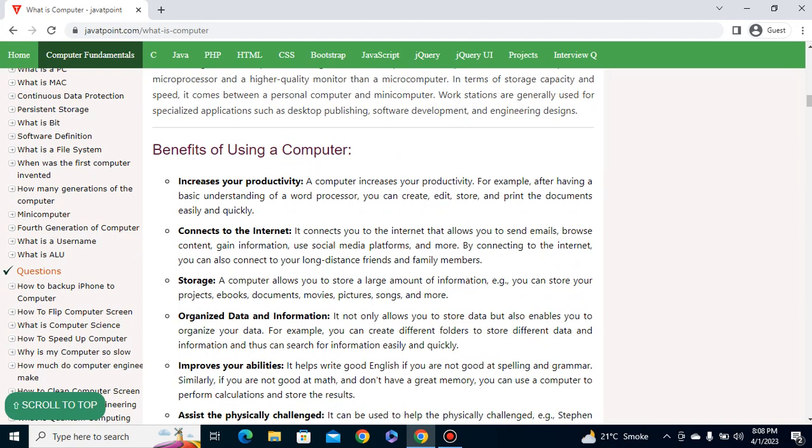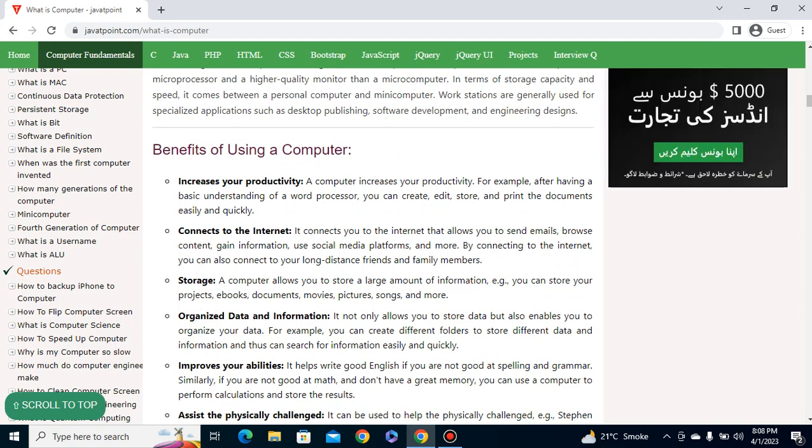It connects you to the internet, which allows you to send emails, browse content, gain information, use social media platforms, and more. By connecting to the internet, you can also connect to your long distance friends and family members. Storage. A computer allows you to store a large amount of information, e.g., you can store projects, ebooks, documents, movies, pictures, songs, and more.